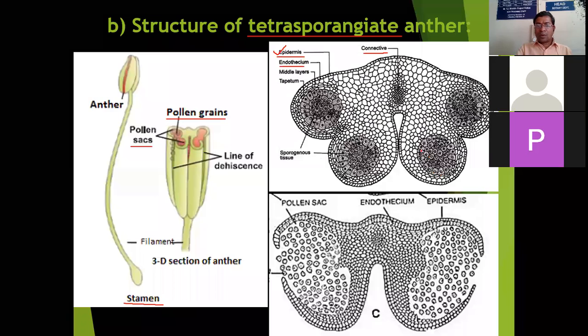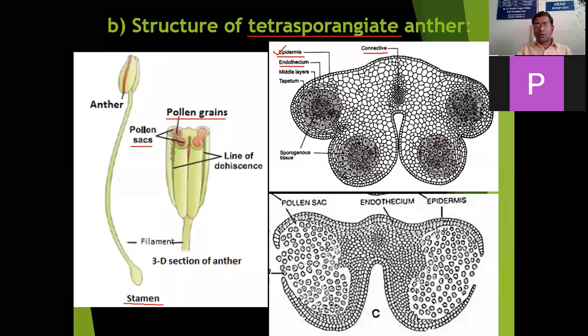Now, the most important tissue present in the anther is called the tapetum. This tapetum is a very important tissue because it nourishes the developing microspores. What is the main function of the tapetum? It supplies the food material.